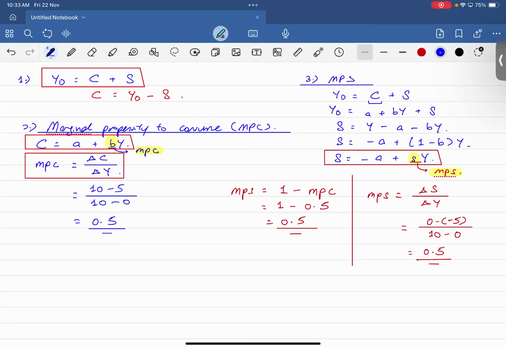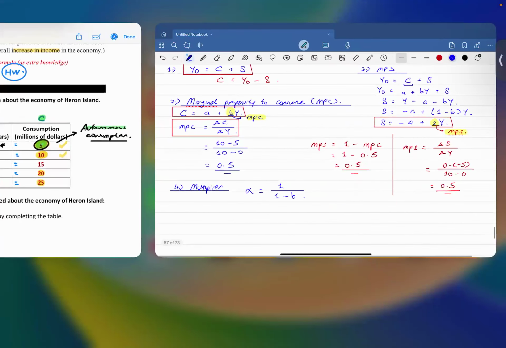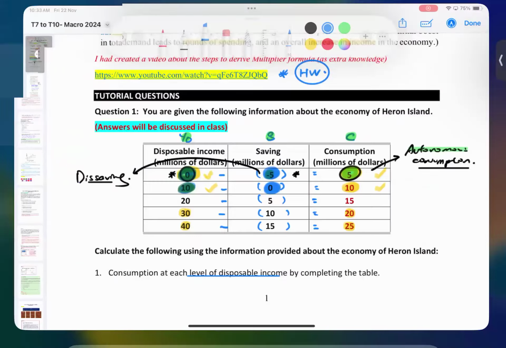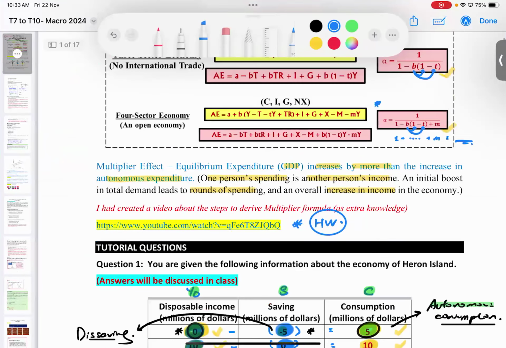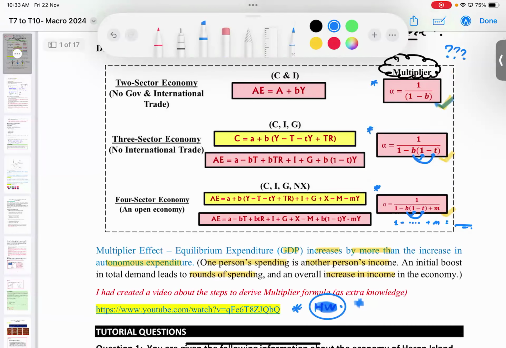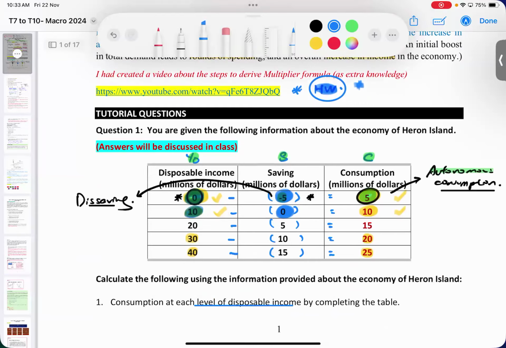Then the next one is the multiplier. The multiplier formula for today's class is a simple one for a closed economy: 1 divided by 1 minus b. In case you're wondering how the formula is derived, make sure you watch this video, in which I explained how these formulas are derived.